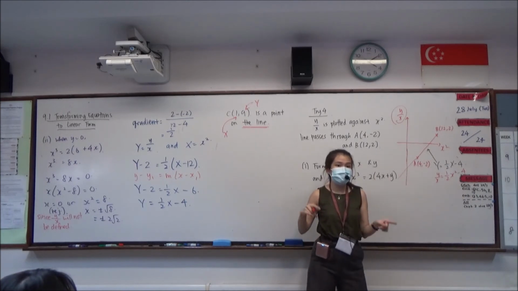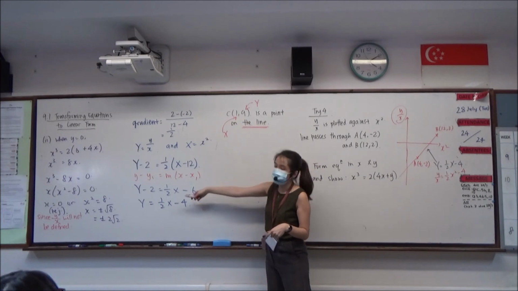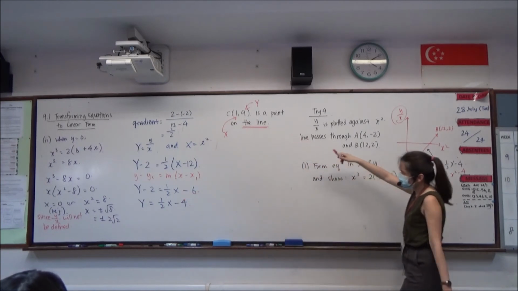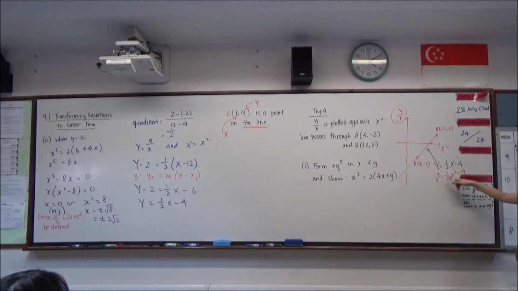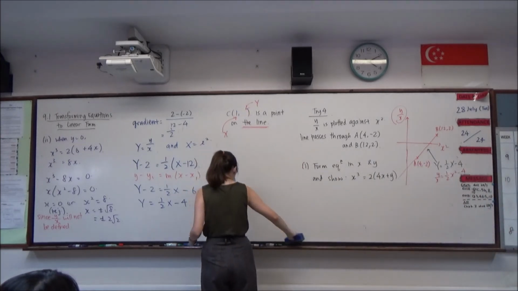So don't blindly substitute. Don't think that small x is 1 and small y is 9. If big X is 1 and you calculate, big Y can never be 9. Do you realize that? Half times 1 minus 4 is negative 3.5. So this question has a problem. Let's edit the question to make it make sense.